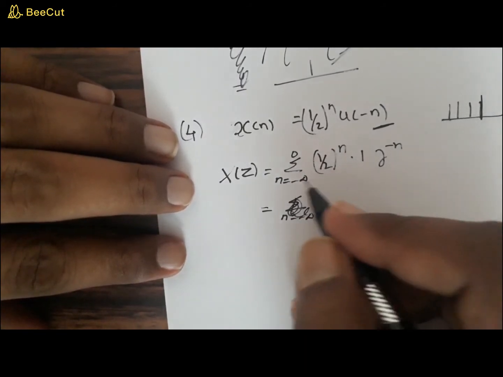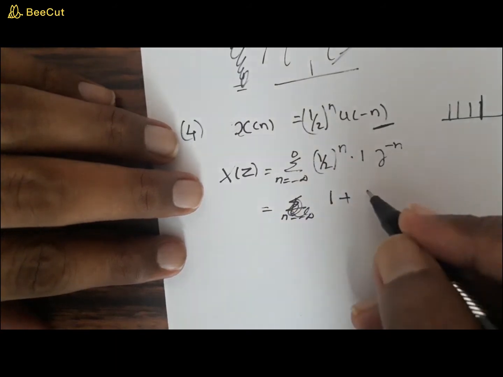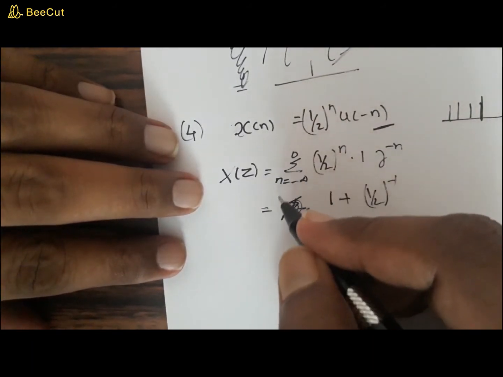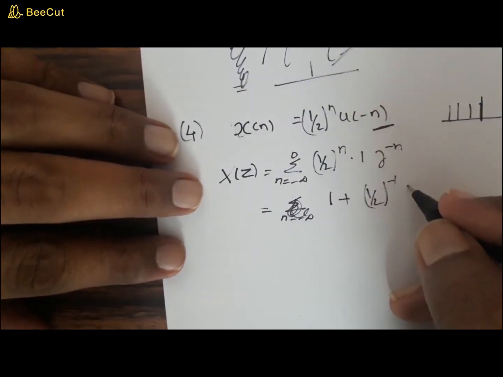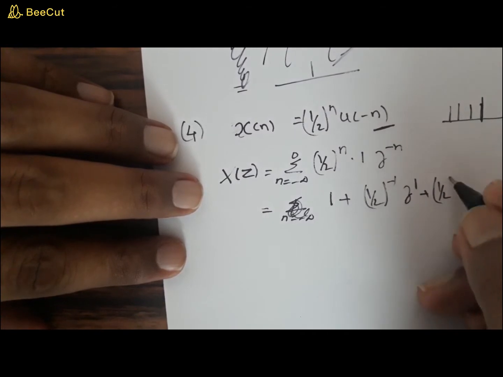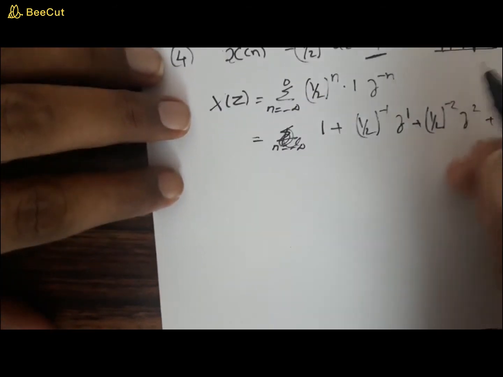The first term will be 1, the second term will be half raised to minus 1 z, then half raised to minus 2 z square, etc. Now this is a geometric series.